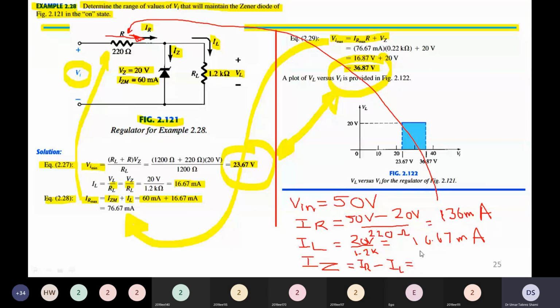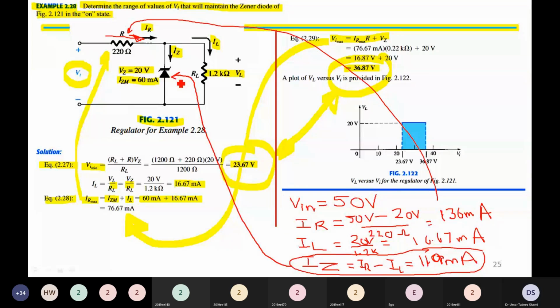So this will be 119 milliampere. 119 milliampere is the current that will flow through the Zener diode.